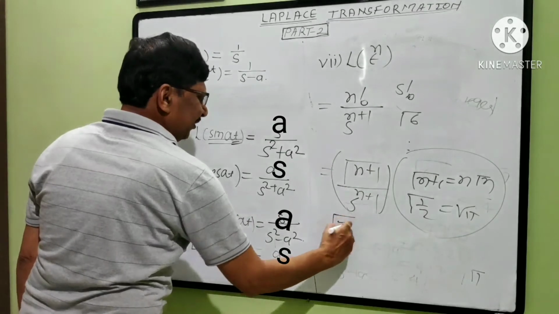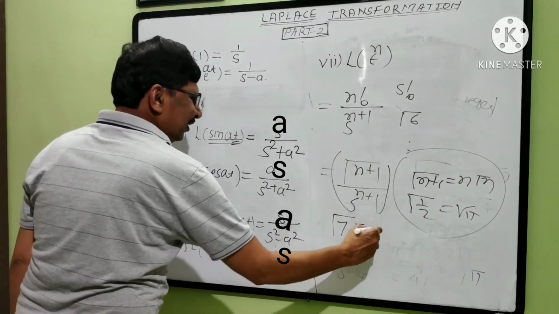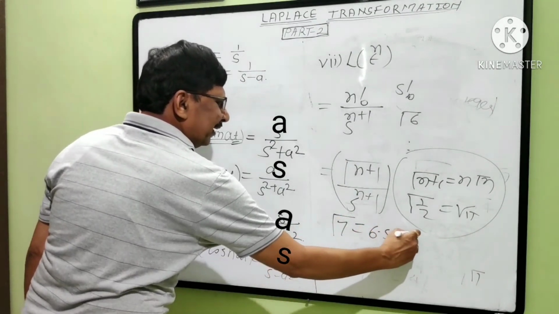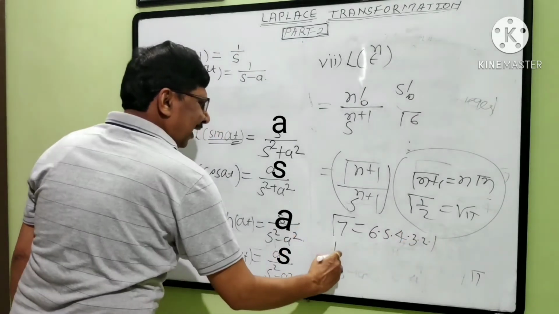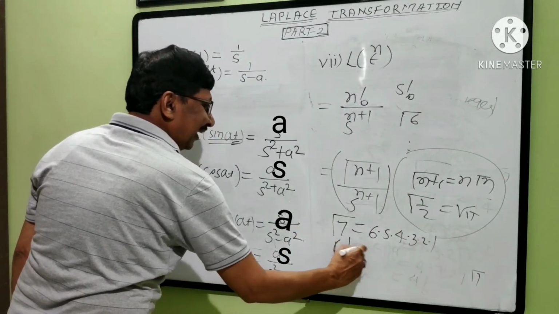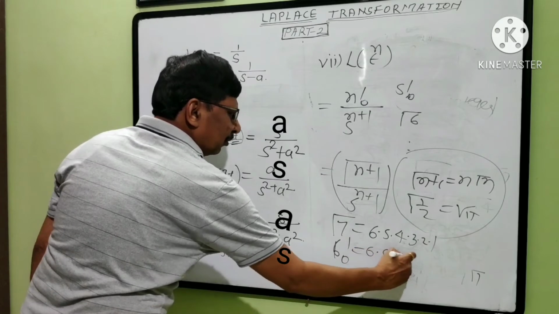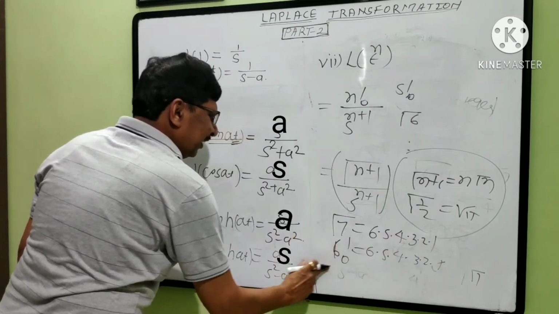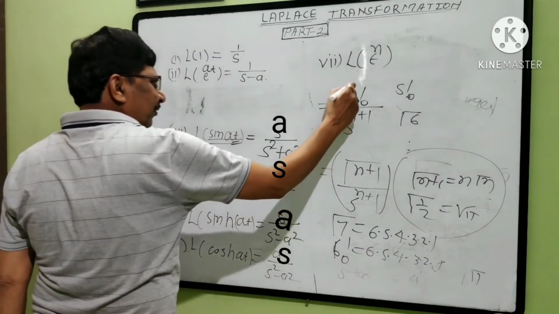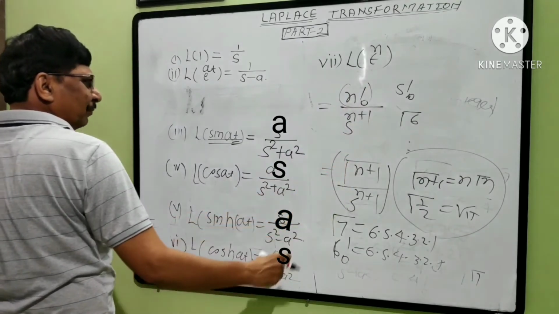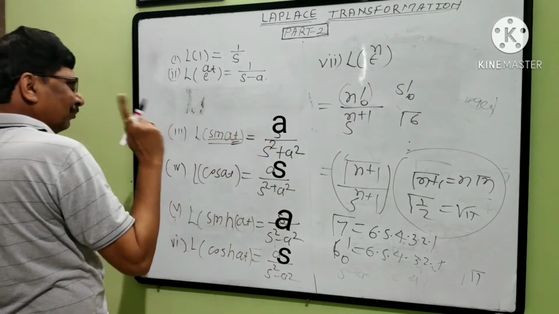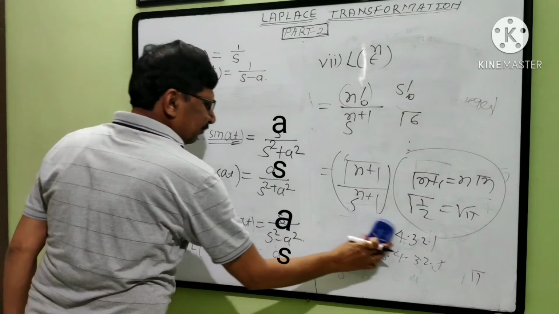Gamma of 7 means what? Gamma of 7 means 6 into 5 into 4 into 3 into 2 into 1. And what is 6 factorial? Again same thing, 6, 5, 4, 3, 2, 1. Meaning is gamma of n plus 1 means n factorial. But it is useful only in terms of positive integer.